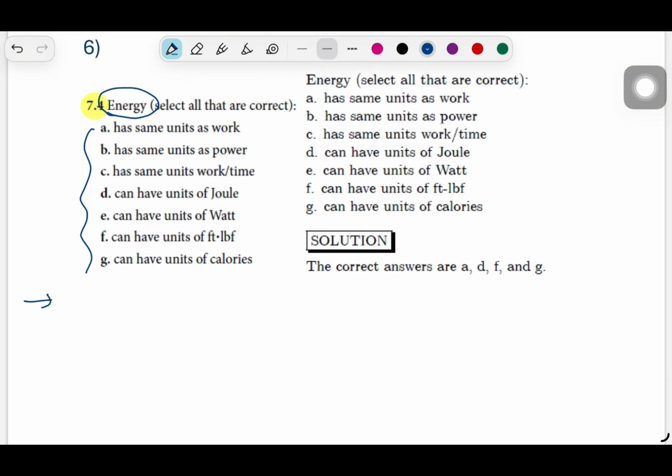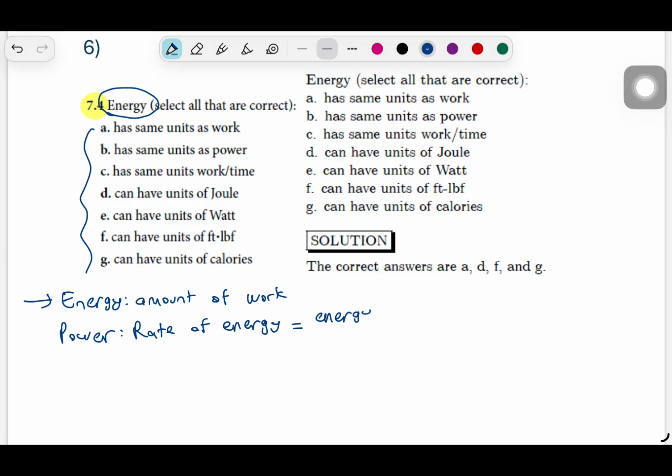So first of all, energy is a property of a system that characterizes the amount of work. Power is the rate of energy transfer, so it is actually energy by time.